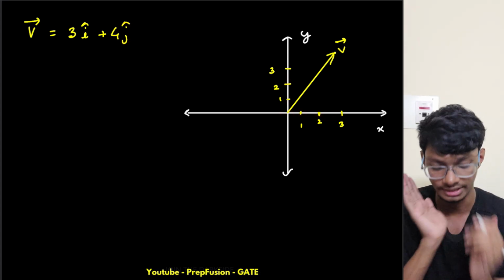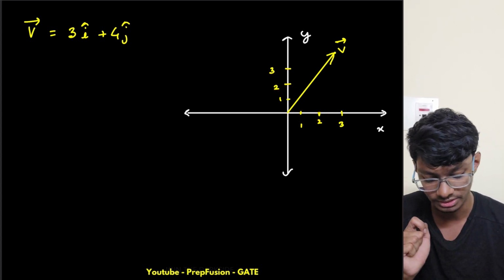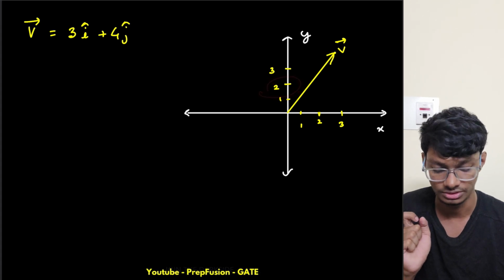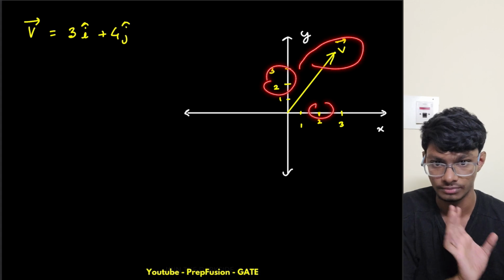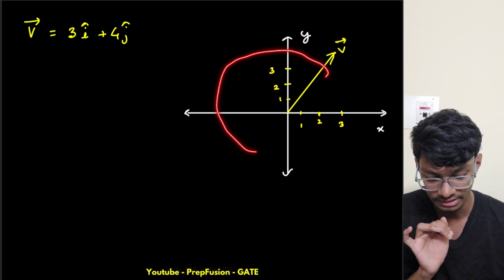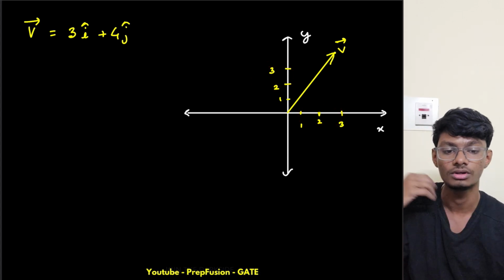I cannot represent i cap with respect to j cap, since they are perpendicular, and vice versa. But any vector lying in this 2D plane I can represent with the help of these two basis vectors.